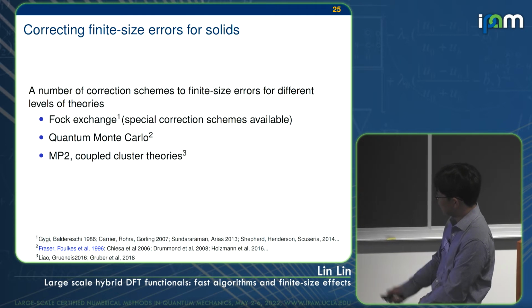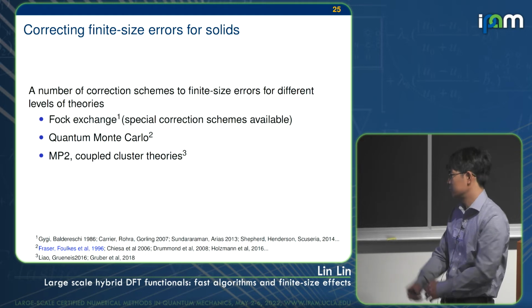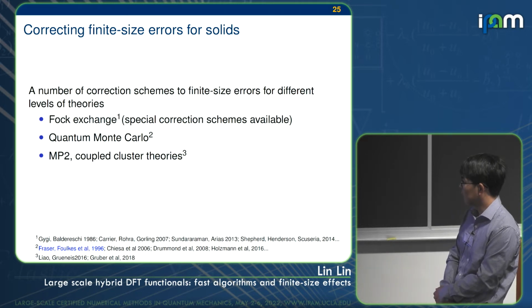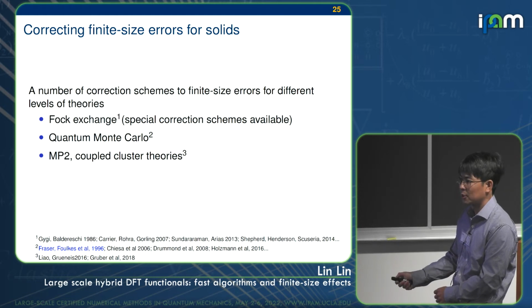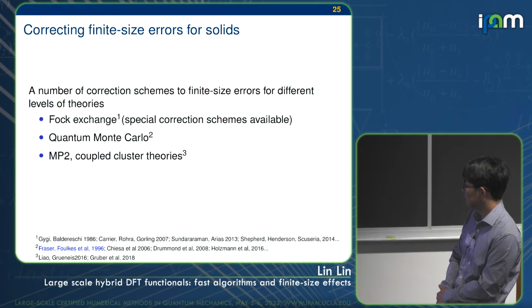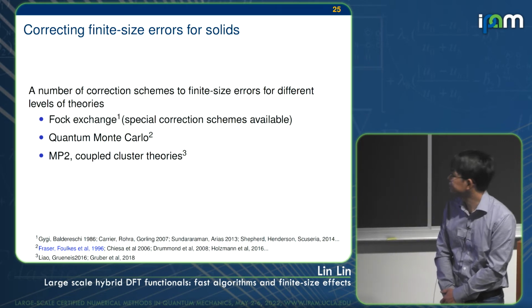Recently, there has been increasing interest in studying the finite size effects for post-Hartree-Fock quantum chemistry methods, such as MP2 or coupled cluster, and so on. Grüneis and other people have done a lot of work in the past few years.